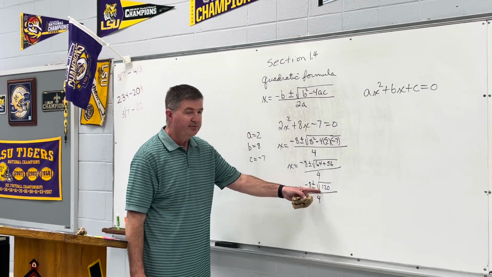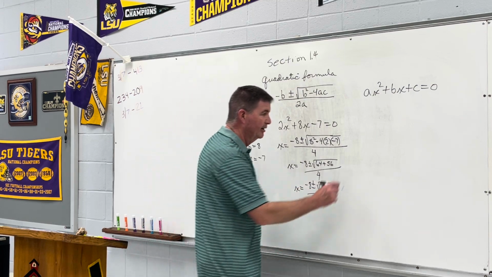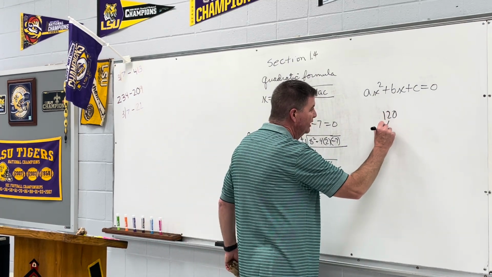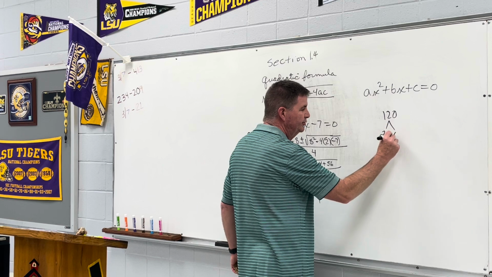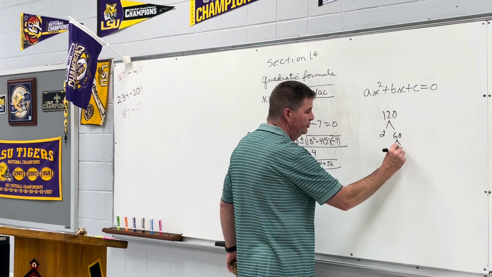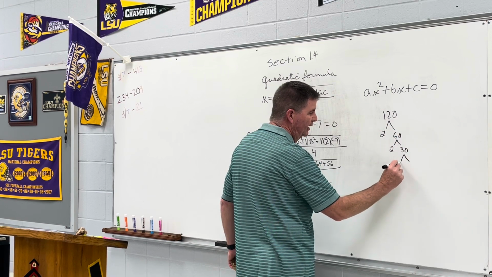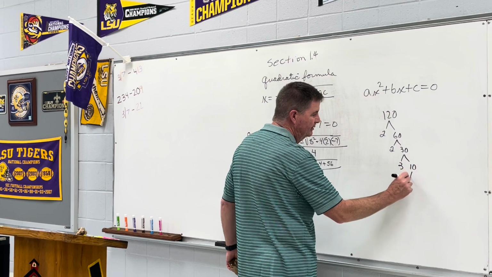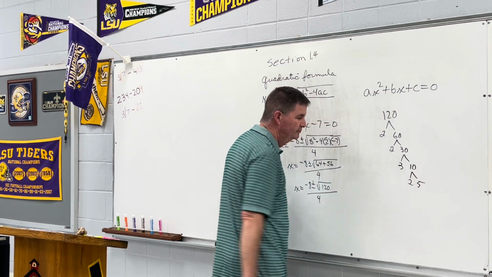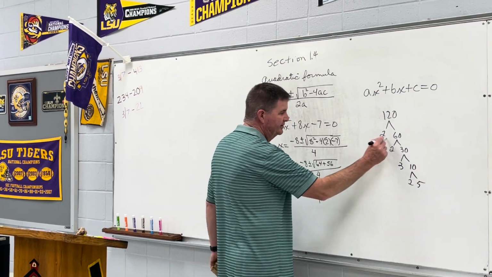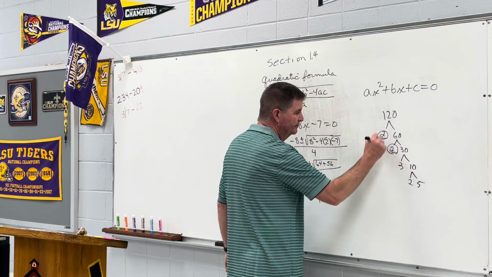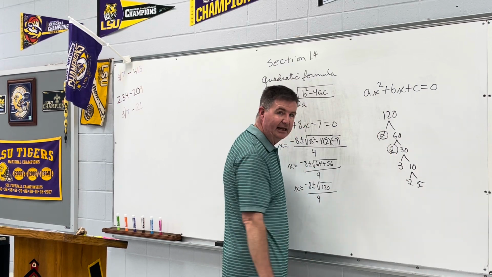So now we need to break down this square root of 120. I'm going to come back over here. We'll do the factor tree: 2 and 60, 2 and 30, 3 and 10, 2 and 5. Well, we got a pair of 2's. I can take a 2 out. All this can't be taken out though.